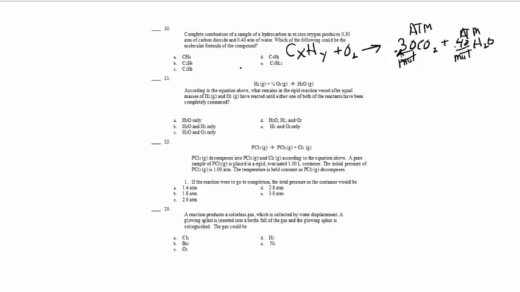So looking at some of the possibilities here, you could put these formulas in and then solve for the ratio. One thing I thought was that if it was, for example, C3H8, which is this one right here, let me clean that up a little bit for you.